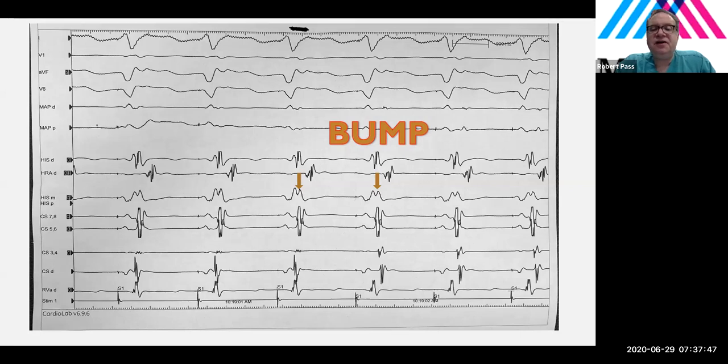So this is a very nice example of an unusual form of a left-sided accessory pathway. On the left-hand side of the screen is a very typical so-called eccentric pattern of a left-sided accessory pathway. What we see in the first 2 or 3 beats, you would potentially need to be able to identify in the board examination as evidence for a left-sided accessory pathway.